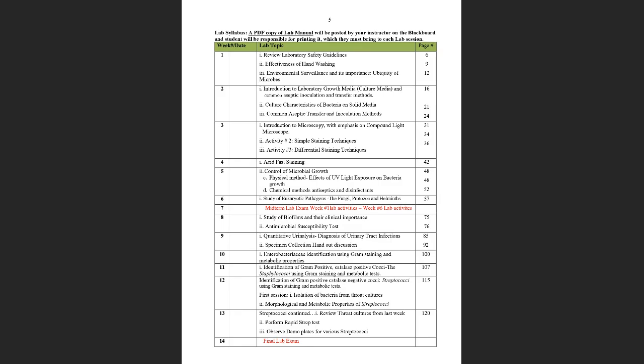So we will learn about the terminology revolving around that. And then we are going to learn about some of the common aseptic transfer and inoculation methods.